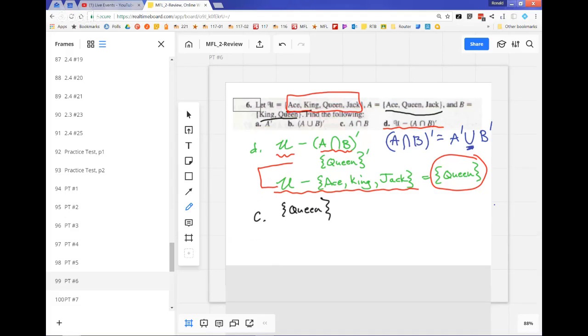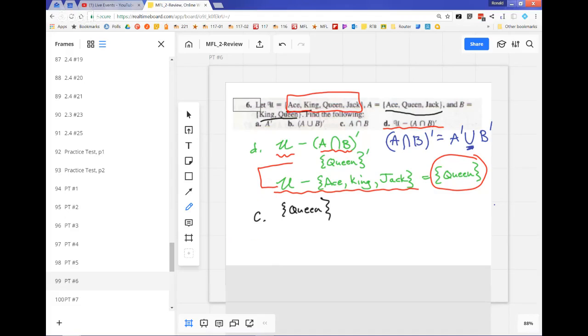I think it's a little bit harder that way, but you could have done that. I think you were thinking A complement intersect B complement. Oh, well, I wrote it the correct way.